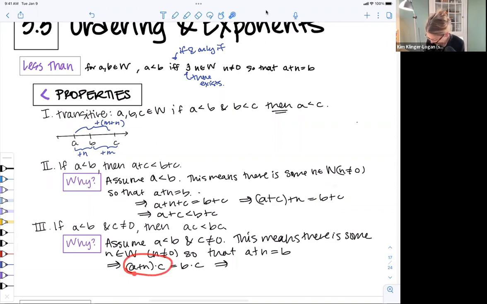On the left here, I can go ahead and distribute this C to both terms. So this looks like AC plus NC is equal to BC. So now this is the constant that I add to AC to get to BC. And it's definitely a whole number because it's a whole number N times a whole number C. And it's also non-zero since N is not zero and C we said is not zero.